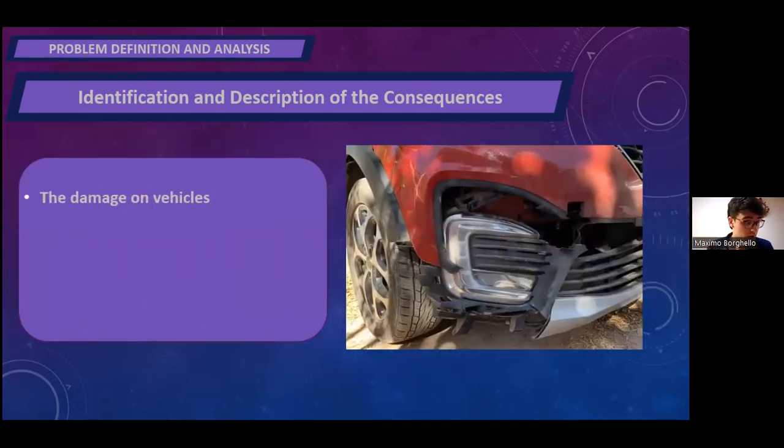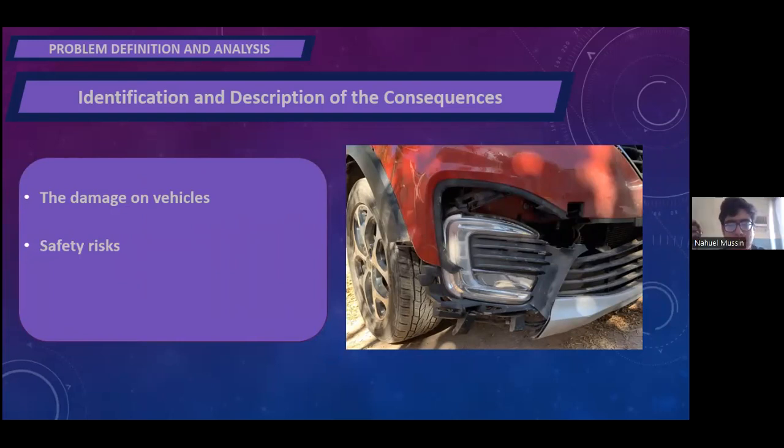The first one is the danger of damaged vehicles. A big pothole can damage vehicles, causing flat tires, bent rims, suspension damage. Those are possible problems you can have, and if you avoid it, you can cause a traffic accident.